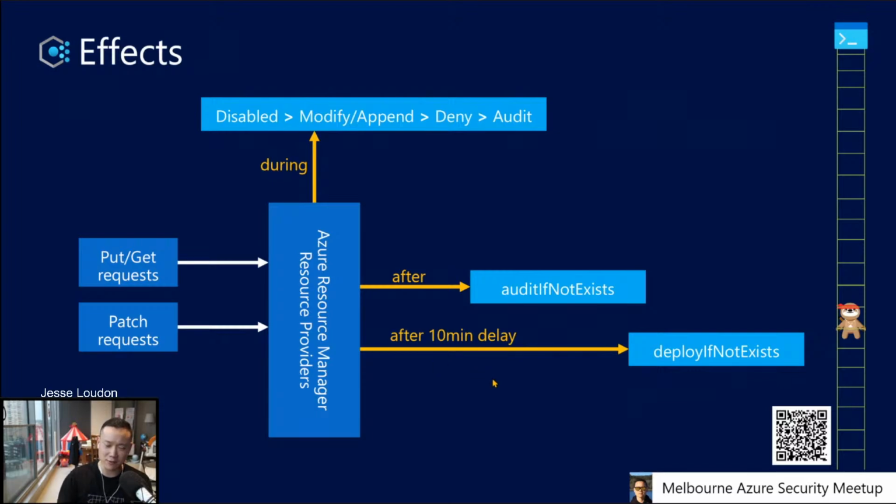I found I could reduce it to about, I think it was 2 to 3 minutes, using a new property that's specific to deploy if not exist effect policies. And by the way, these QR codes you can also scan, and it'll take you to the Microsoft Docs for this specific example here.